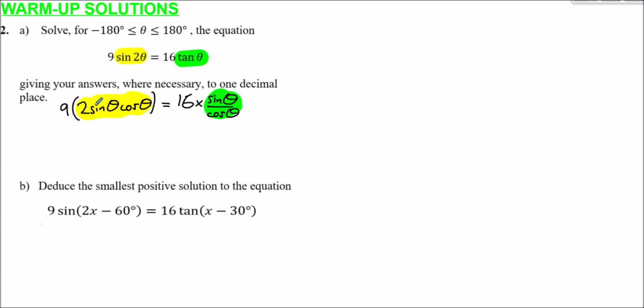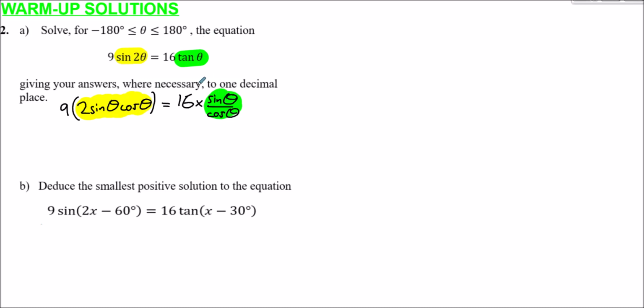If you divide through by sine theta, two things might happen. You might lose a solution, and also, for all you know, you could be dividing by a 0, which is a big no-no. If sine theta were equal to 0, for example, if theta were 0, and look here, 0 is in this range, so definitely don't be dividing by variables, instead try to factorise.